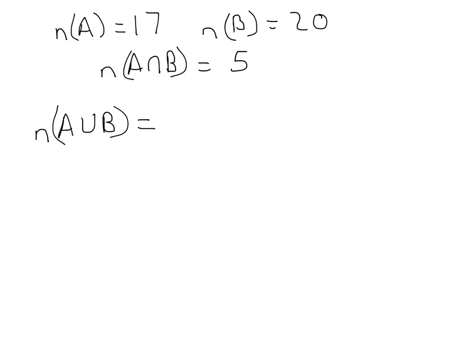Alright, so what you would do is you'd say, okay, union is, start with A, 17 objects, throw in B, 20 objects, but we've double counted the intersection, so we have to throw out 5 objects. So the cardinality of the union is 32.